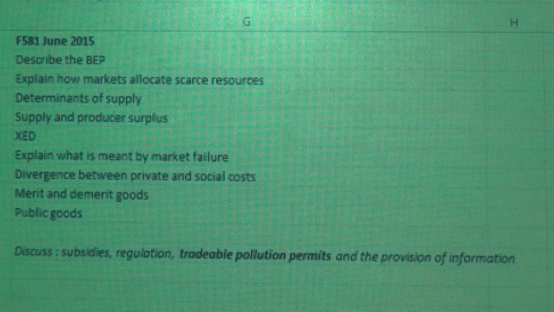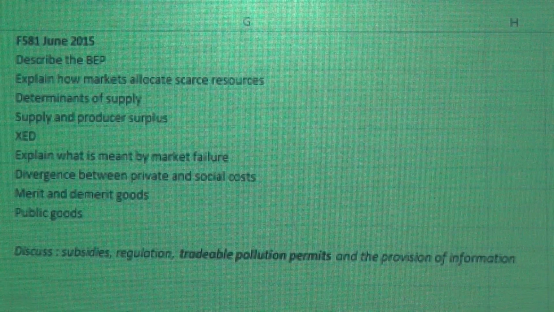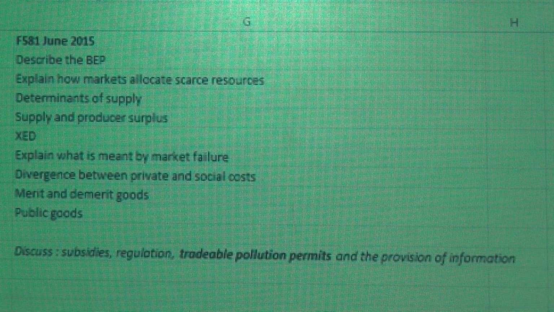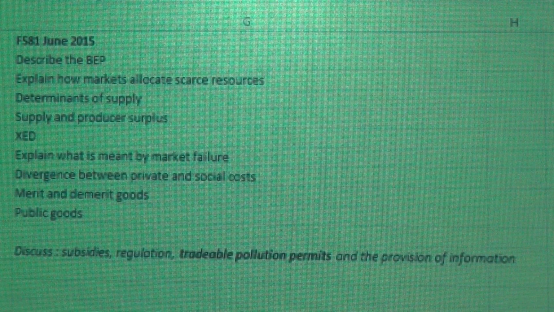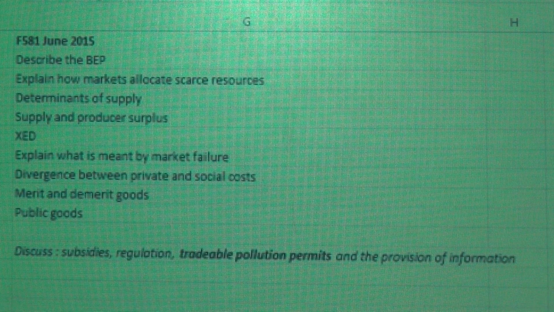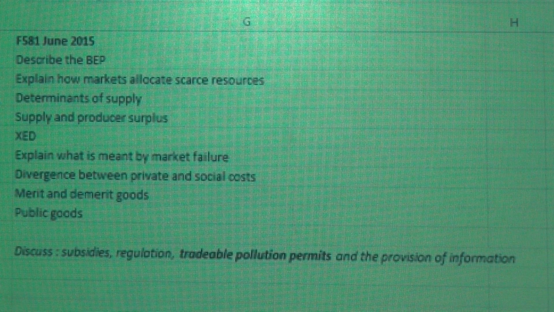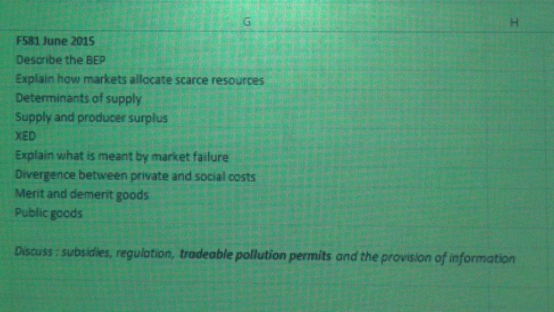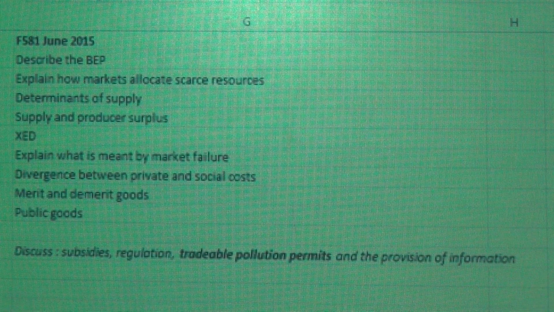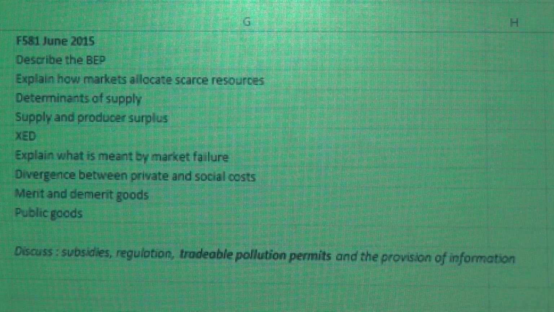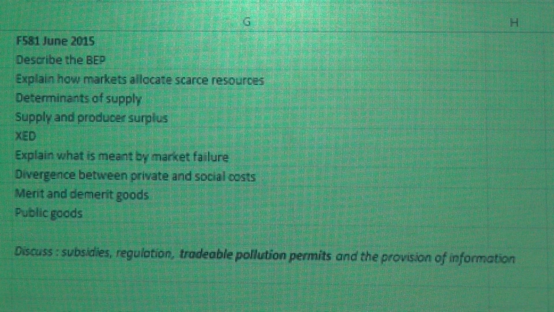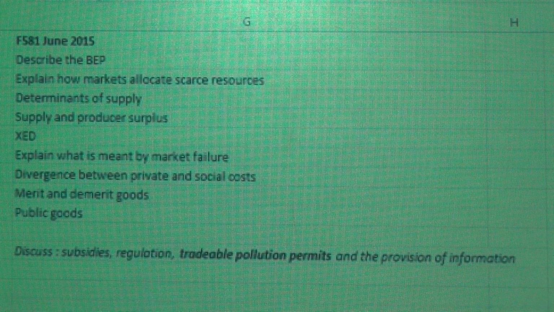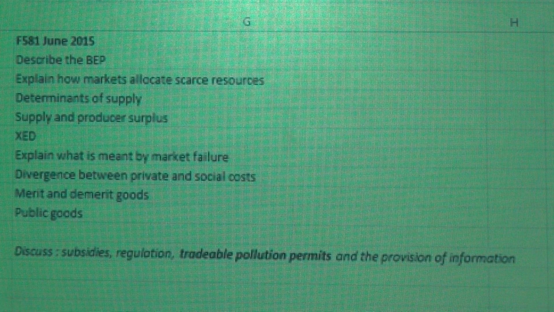So if we look back at what we've had previously, we've had indirect taxes, we have had subsidies, and we have had regulation. So maybe it might be worth putting that little bit extra time into your working knowledge of tradable pollution permits and information provision.